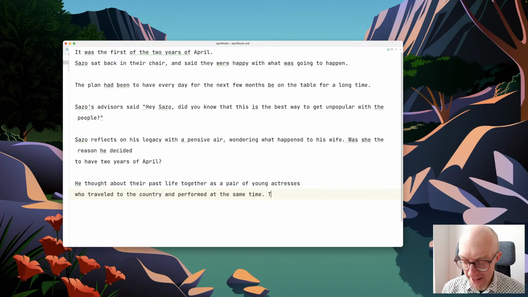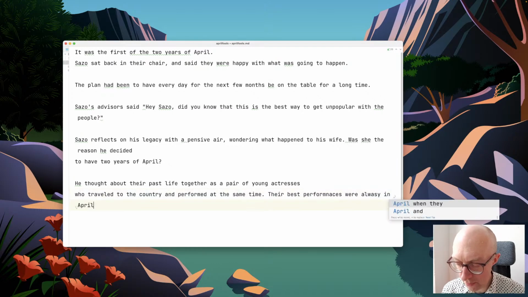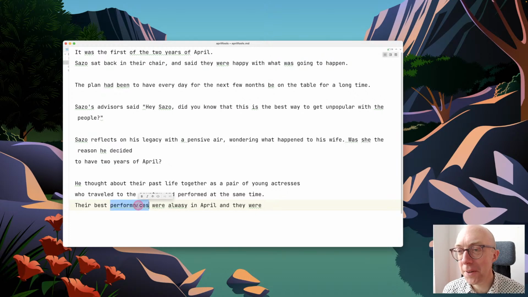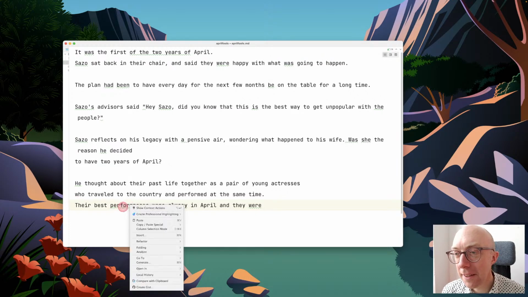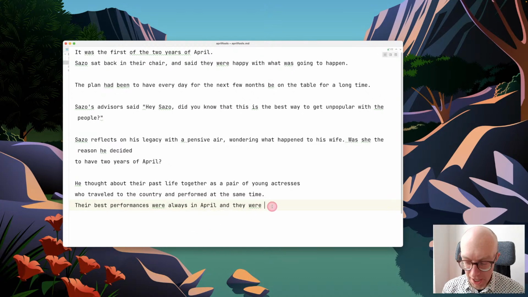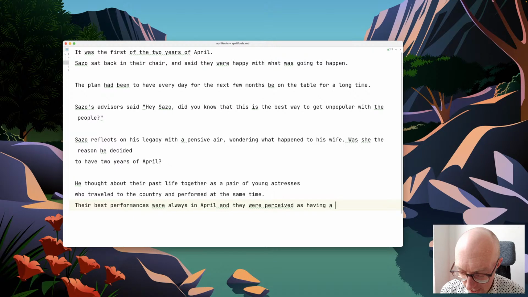Their best performances were always in April, and they were perceived as having a natural chemistry.